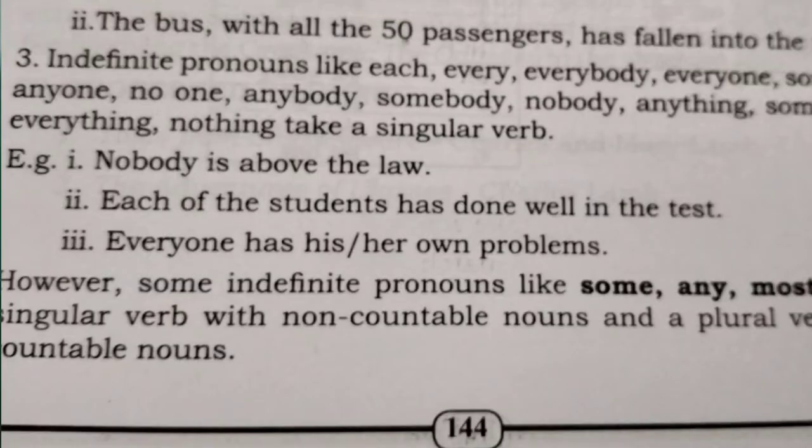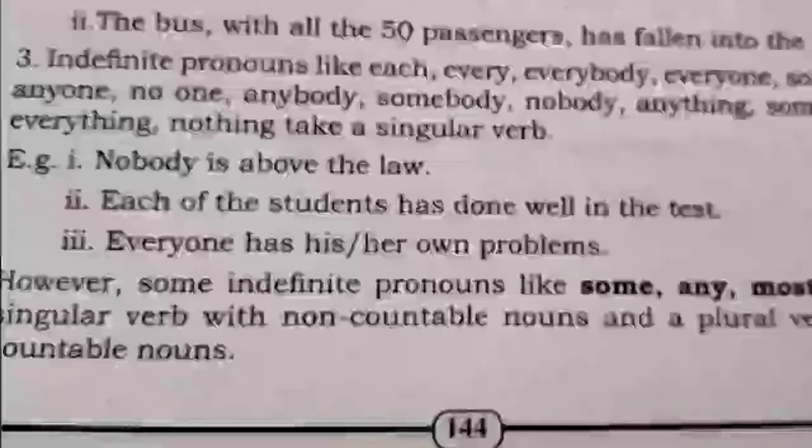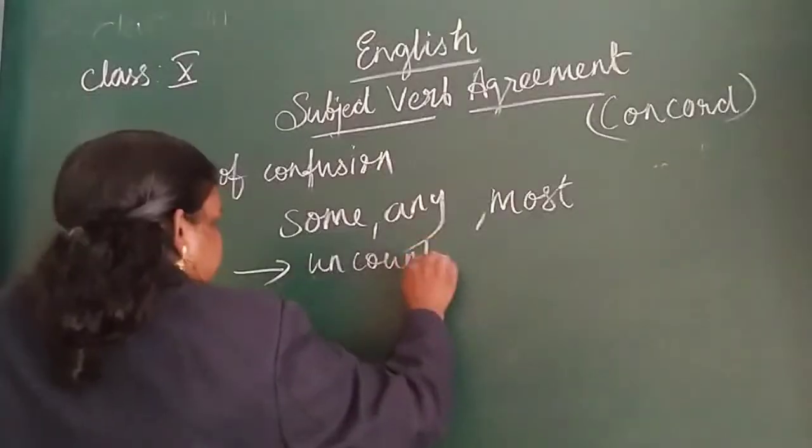Fifth point is some indefinite pronouns. That means some, any, most. If these indefinite pronouns are there, it depends on whether the noun is countable or uncountable.